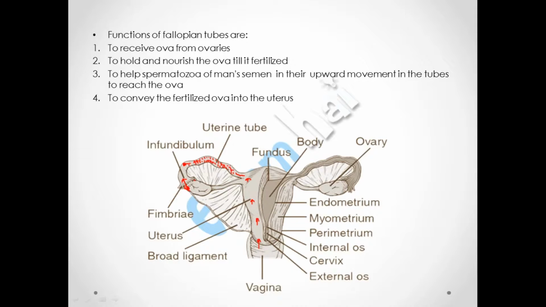And when the ova get fertilized, it moves through the ciliated duct and enters the uterus, and this process is called implantation. So this ciliated duct helps the sperm and the fertilized ova with locomotion.